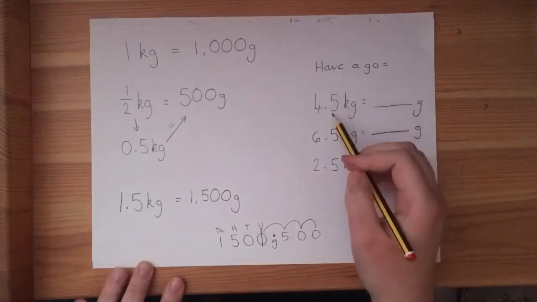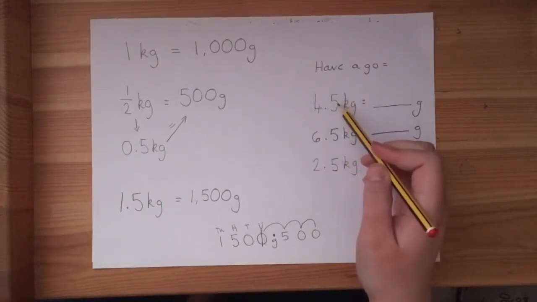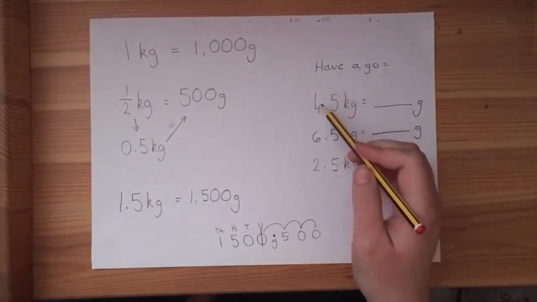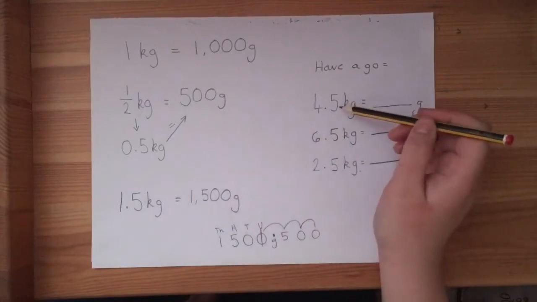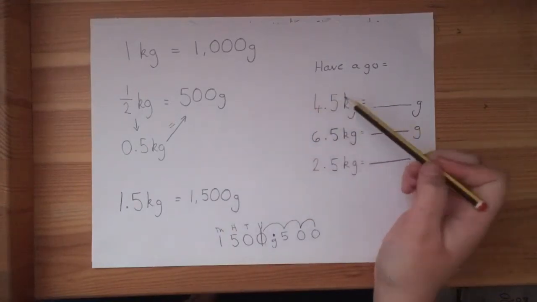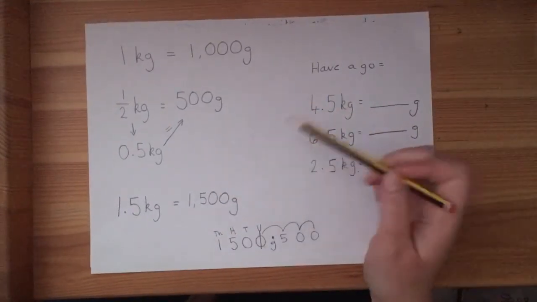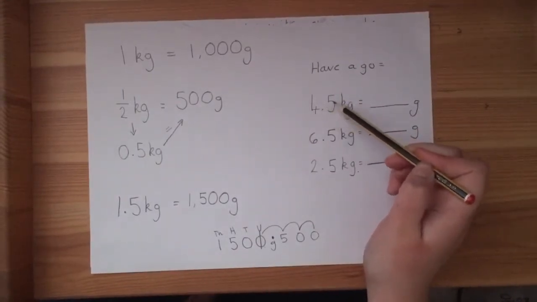So let's see if you can have a go over here. Now I've given you it as kilograms. Instead of trying to divide by 1,000, we'll just times by it. But there's a little trick with this one. If you're timesing by 1,000, all you're doing is jumping it forward 3 spaces, or adding zeros to the end. Now I've already got a 5 here. I've got a 0.5.